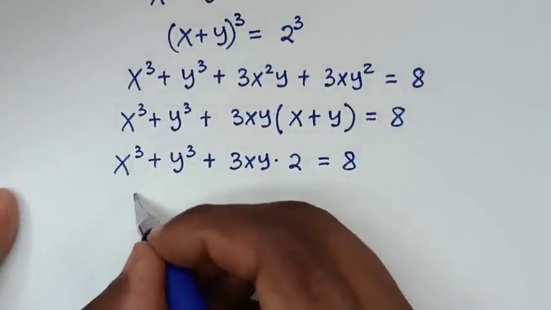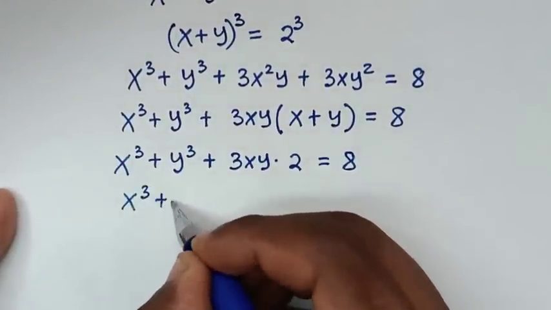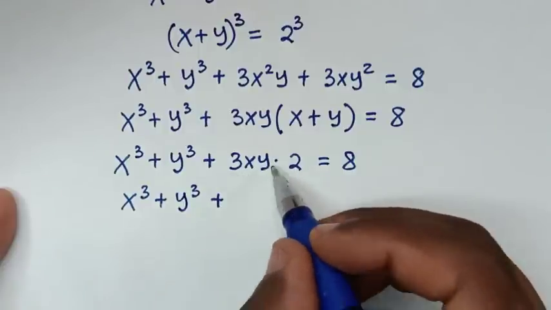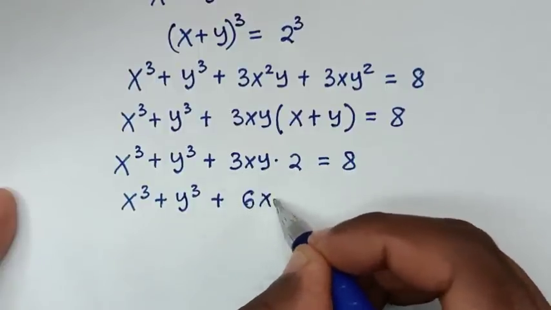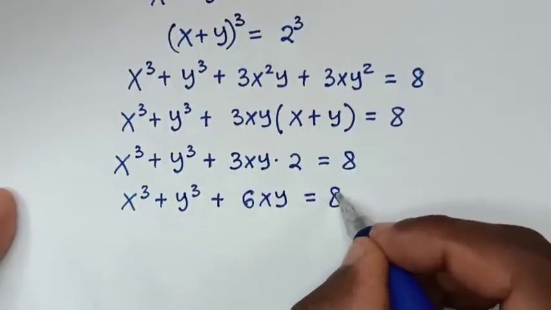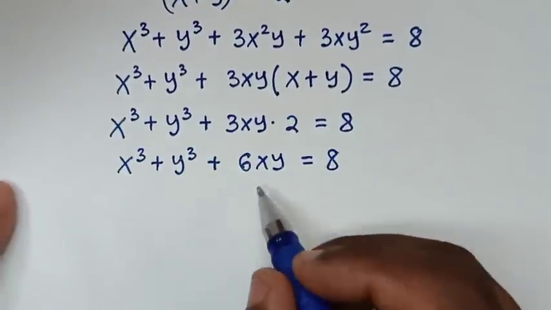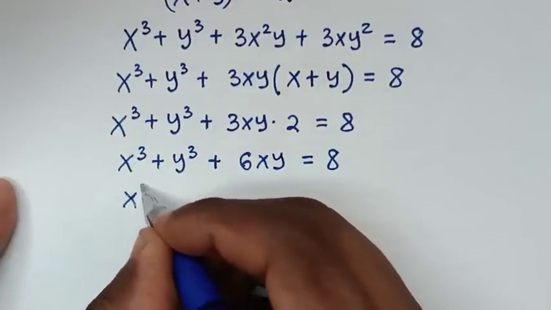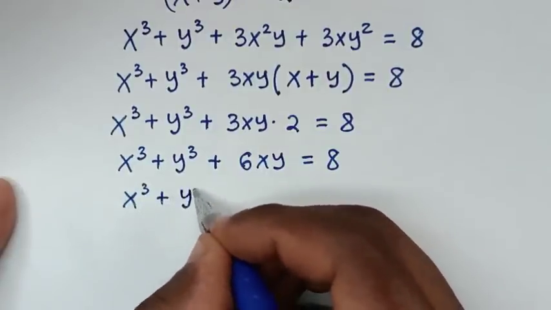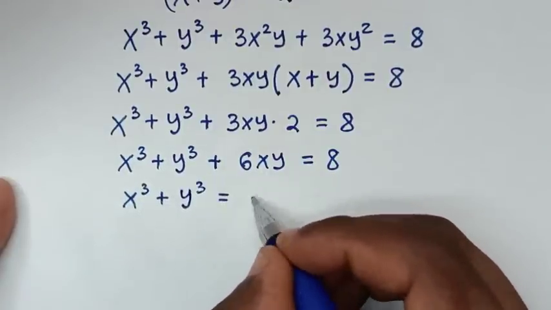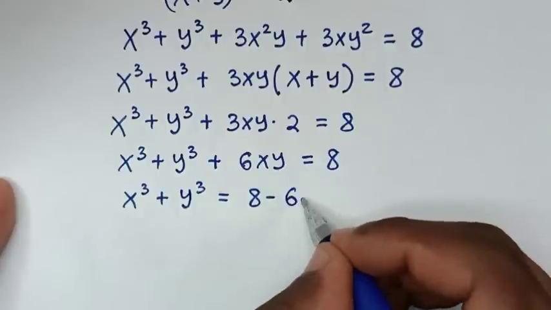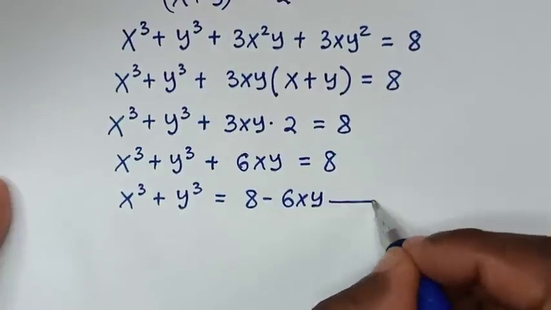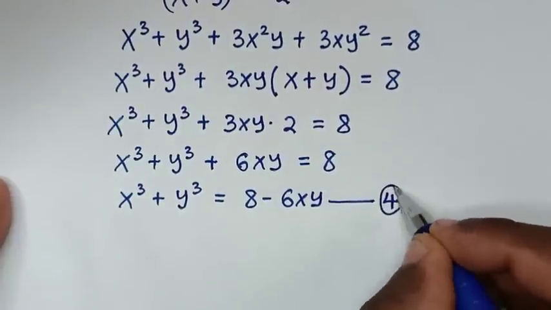Then in the next step, x power 3 plus y power 3 plus 2 times 3xy, which is 6xy, is equal to 8. Then we take the 6xy to this side, so x power 3 plus y power 3 is equal to 8 minus 6xy. We call this equation 4.